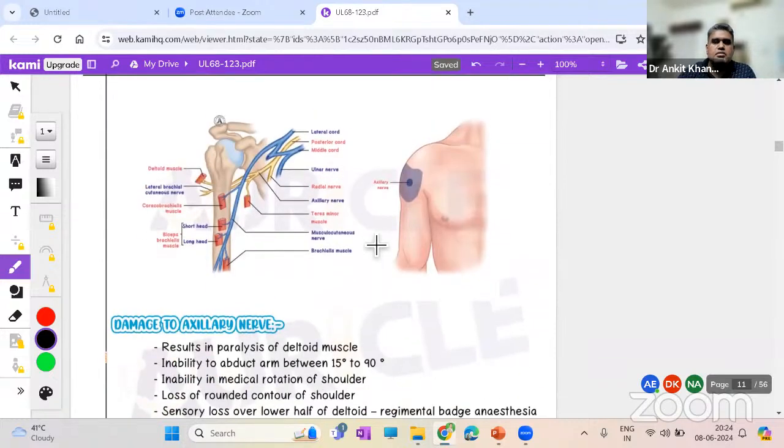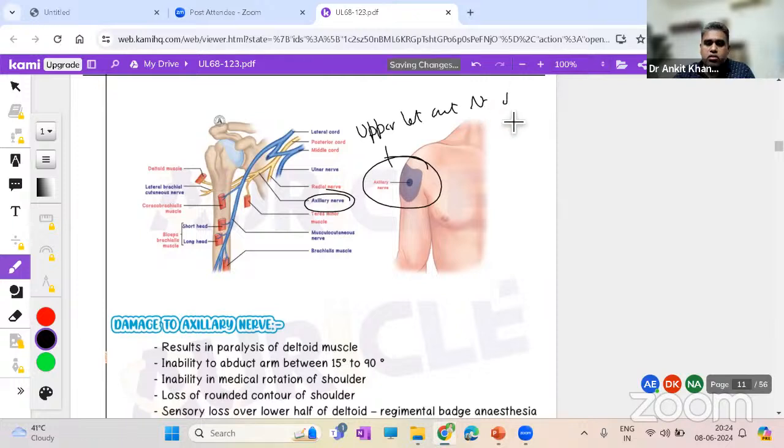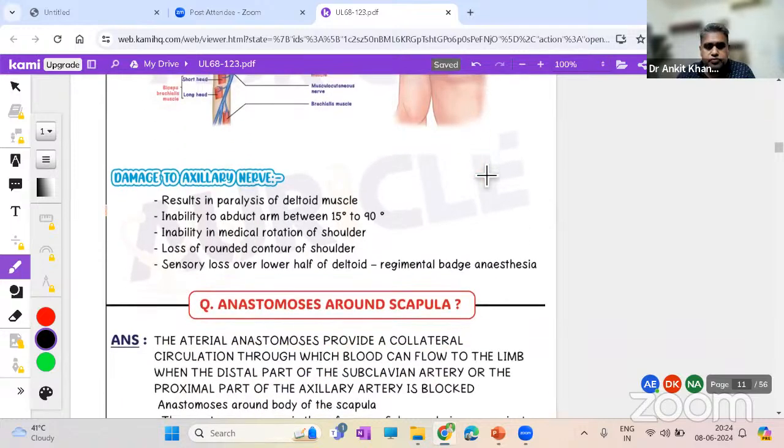Now, regarding diagrams, you can simply make a part of the brachial plexus and show the axillary nerve coming through the posterior cord, that is fine. Simply make a shoulder and show over here the upper lateral cutaneous nerve of your arm as a branch of the axillary nerve. So when can the axillary nerve be damaged?